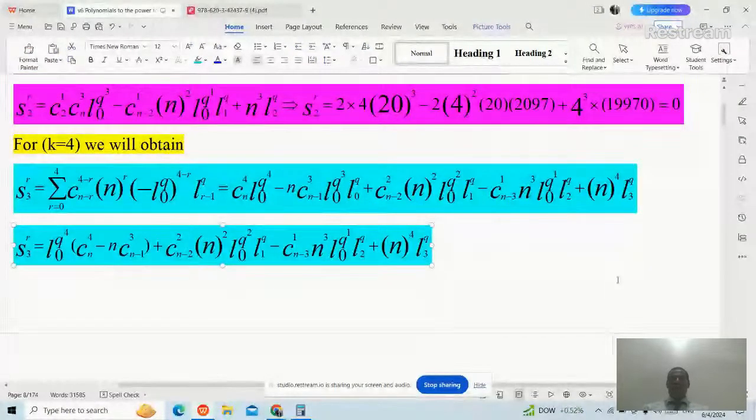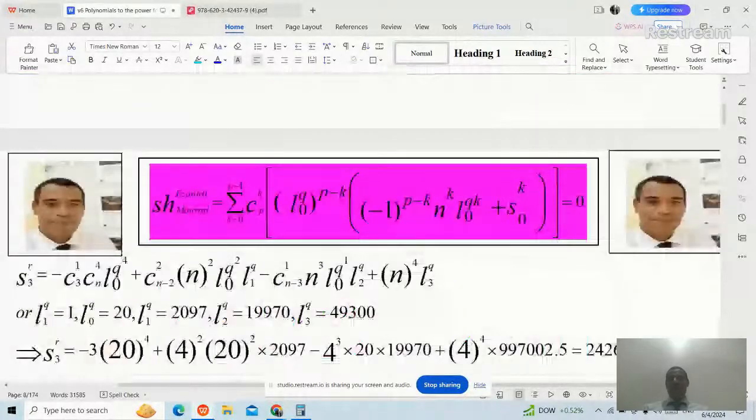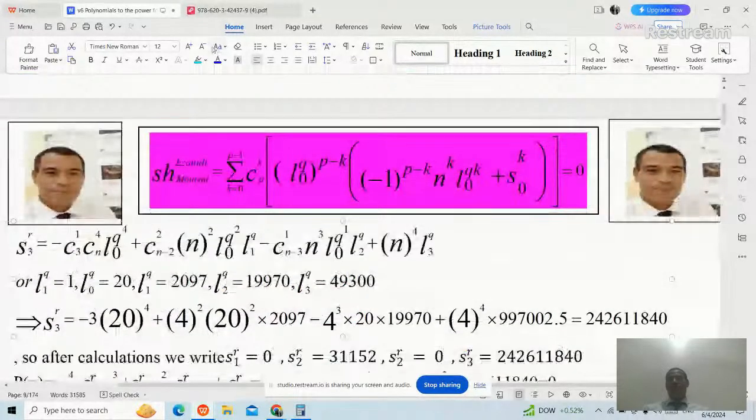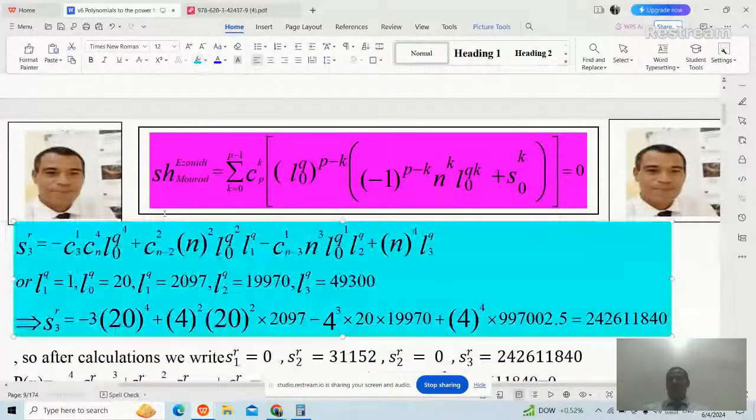Therefore, S3 equals negative 3 times combination n choose 4, L0 for the q to the power 4, plus combination (n - 2) choose 2, n squared, L0 for the q squared, L1 of the q, minus combination (n - 3) choose 1, n cubed, L0 for the q times L2 for the q, plus n raised to the power 4 times L3 for the q. This is the last simplified discriminant formula of Mourad Sultan Ezouidi when k equals 4.